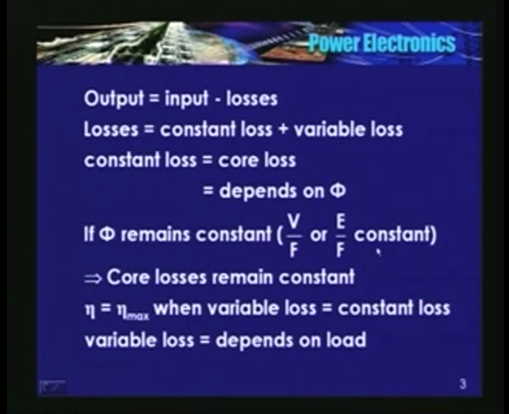That we had seen while doing inverters. So if flux remains constant, core loss in the machine remains constant. So when is the efficiency of the motor equal to the maximum efficiency? It is when the constant loss is equal to the variable loss.